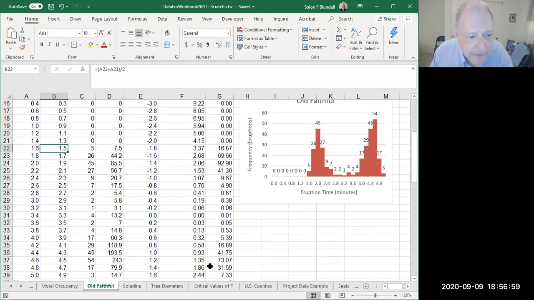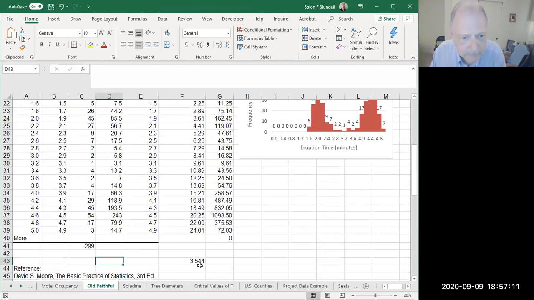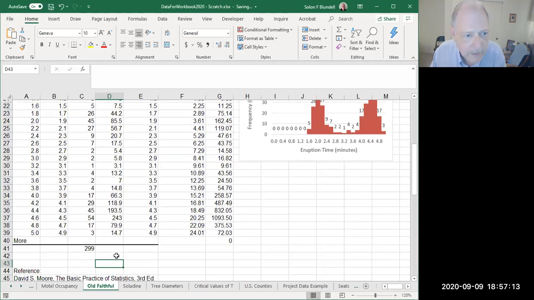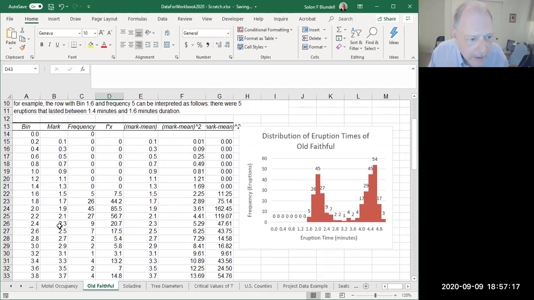But an easier way to do this, here's what I want to do. I got 5 1.5s, so I'll say 5 times 1.5.